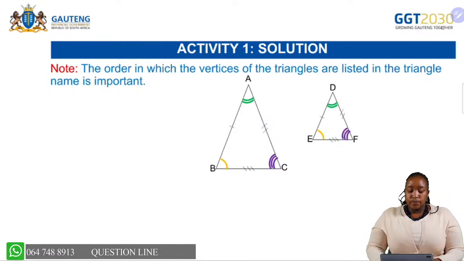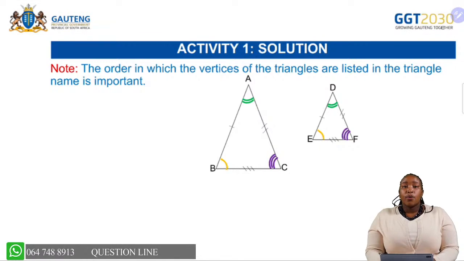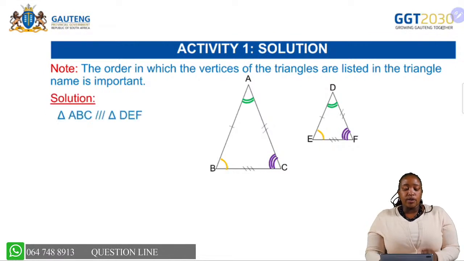What's important is for you to note that the vertices in which these triangles are listed are very important because they tell you the corresponding angles and the corresponding sides. Right, so we are going to work with triangle ABC and triangle DEF.